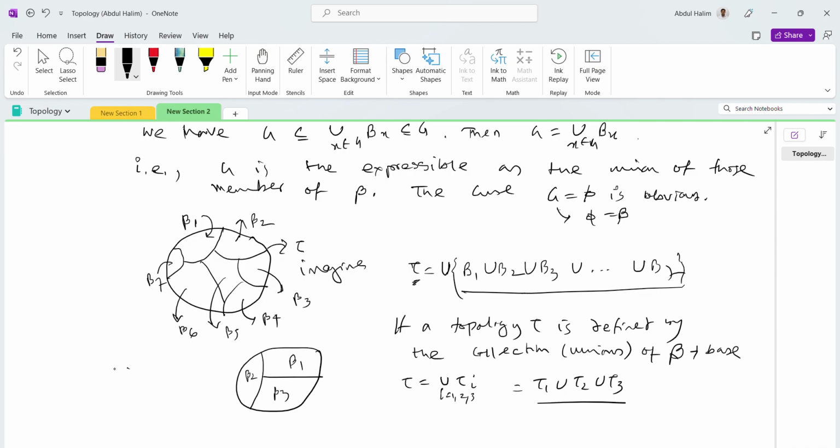It may happen that only 3 are needed, tau is the union of B_i for i equal to 1 to 3. It may happen. It is a great question.